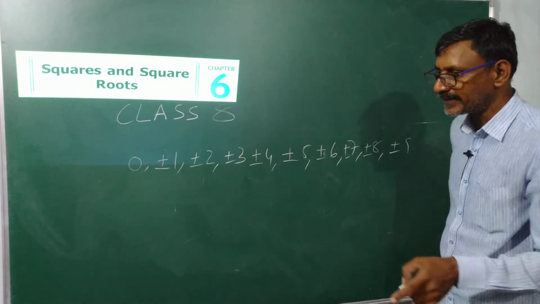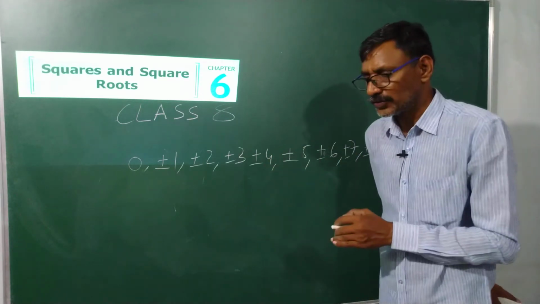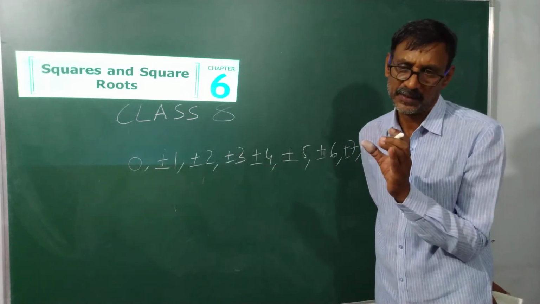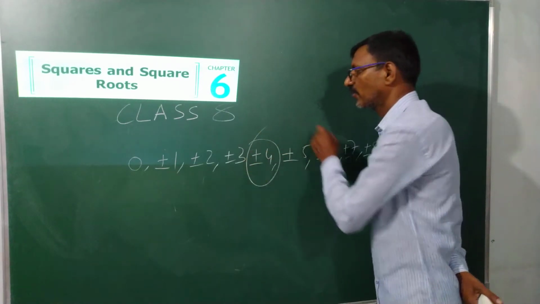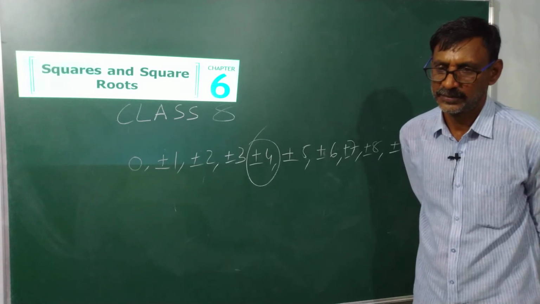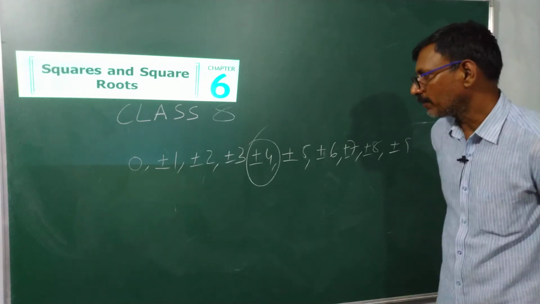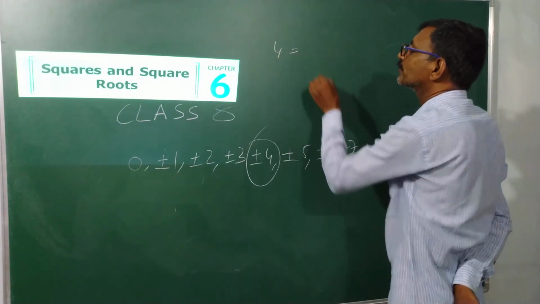These are all my integers. From these integers, we have special numbers. They are special for squares and square roots. Those numbers we can study with the help of prime factors.